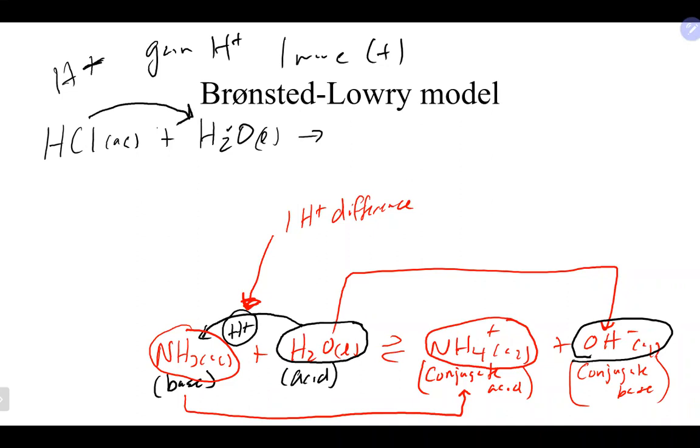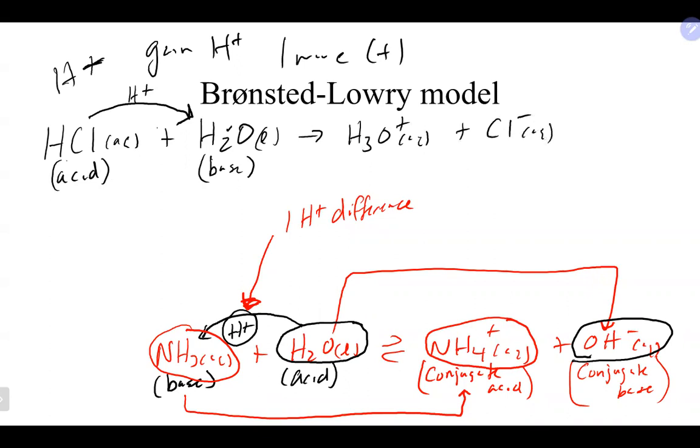So the water is doing the opposite effect here. It's going to accept the H plus, which in this reaction makes the water the base. And the acid, as we would expect, is the HCl, which is hydrochloric acid. When it does so, it's going to create H3O plus and Cl minus.